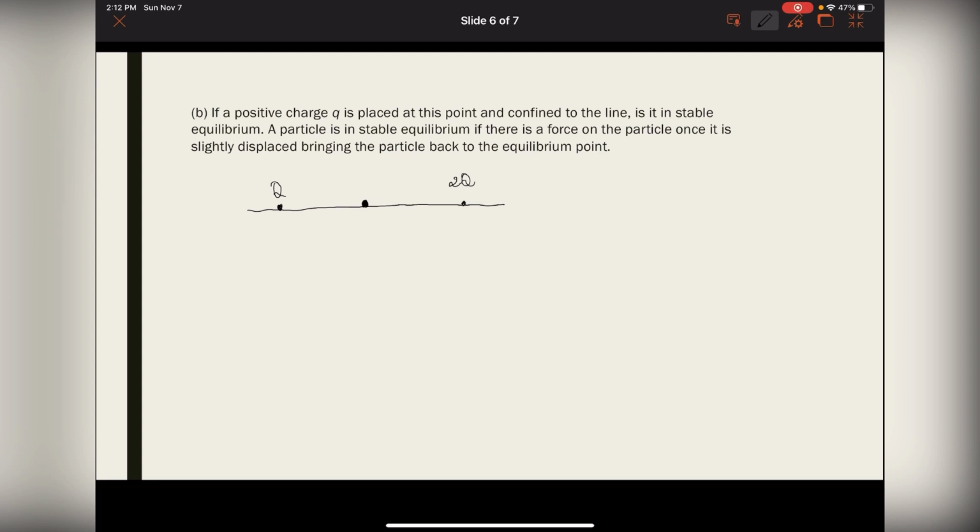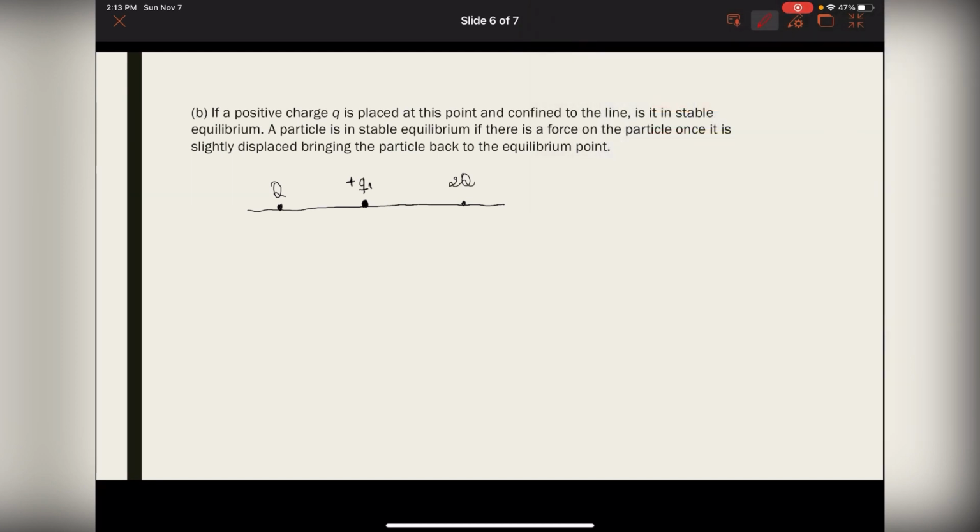We don't know that yet, but we will find that out later. So let's say it is here. So a positive charge Q prime is placed at the point where the electric field is 0, on the line. Is it a stable equilibrium? So let's see.